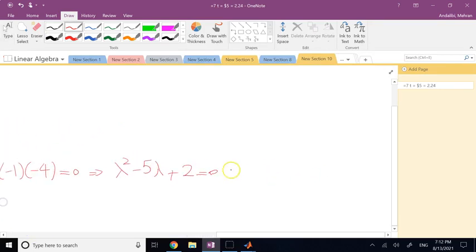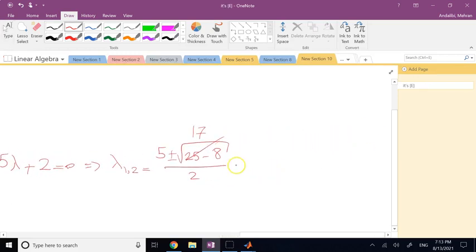And clearly you see that the roots, lambda 1 and 2, are equal to what? 5 plus and minus the square root of 25 minus 8, divided by 2. This is 17. So 5 plus and minus the square root of 17, and the square root of 17 is less than 5, so both numbers are going to be positive.